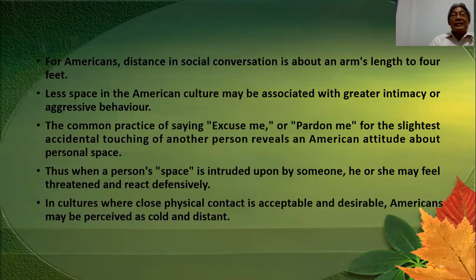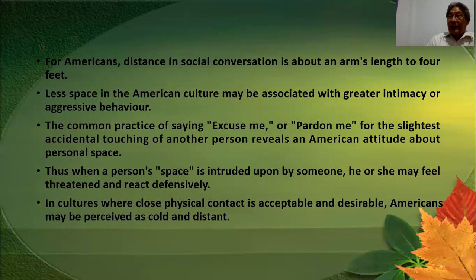For Americans, distance in social conversation is about an arm's length, like this. Let's suppose in American culture a closer distance may be associated with greater intimacy or aggressive behavior. That is, be careful with the culture.